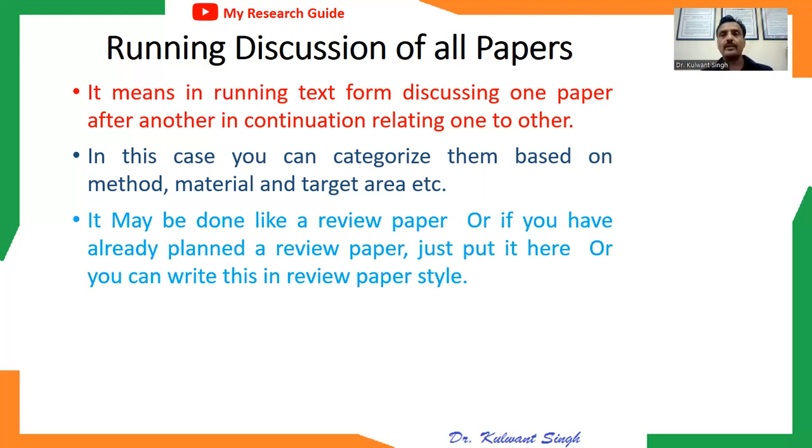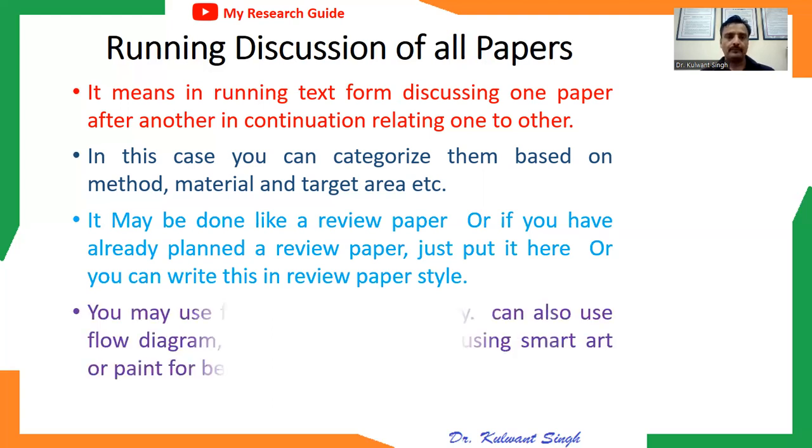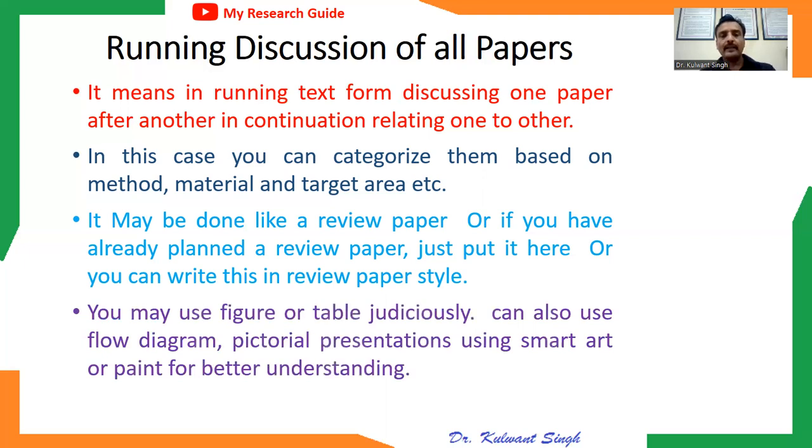So always try to write your literature review as a running discussion, or we can say in the review paper style. It is the preferred method of writing the literature review. And we can use figures and tables to present things in a better way. There may be pictorial representations or flow diagrams for better understanding of the literature.